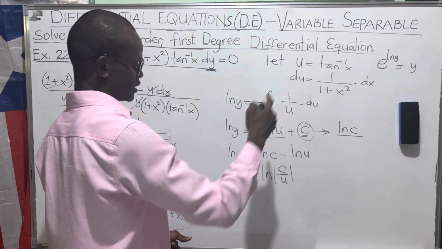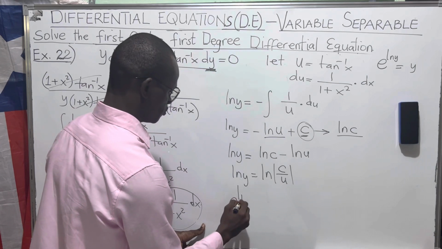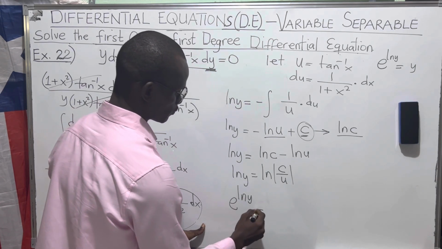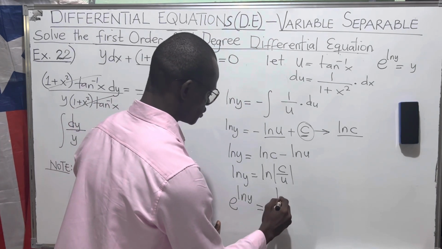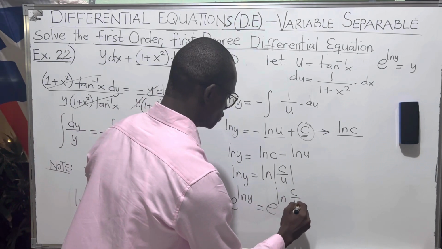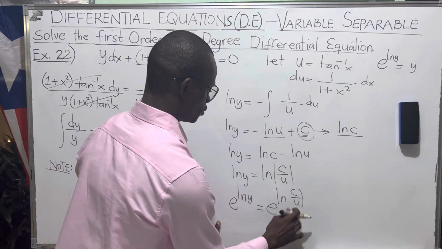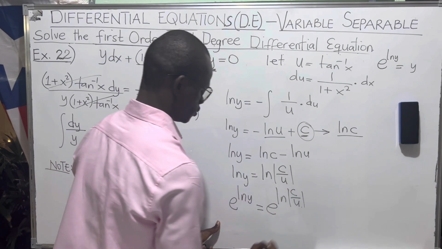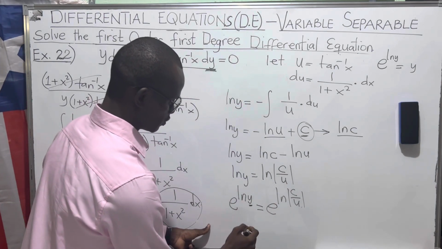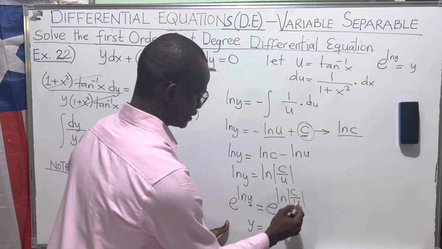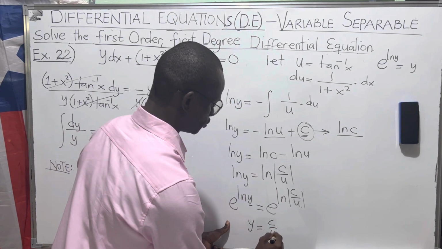Based upon that, I let e be raised to the ln of y. I do the same on this side, e raised to the ln of c over u. So e raised to this is just equal to y, and this is just equal to c over u.